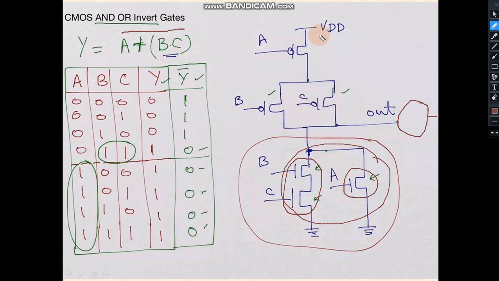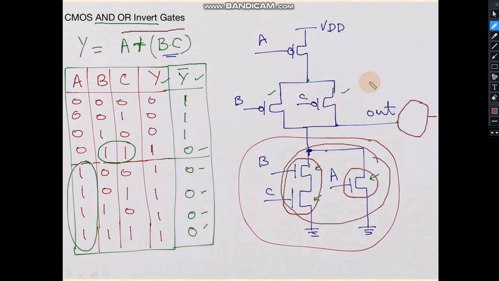So the reverse is used for PMOS. The output expression is (a plus bc) bar. To get a plus b dot c, we have to apply an inverter at the output terminal. Simple. So these are AND OR Invert circuits.